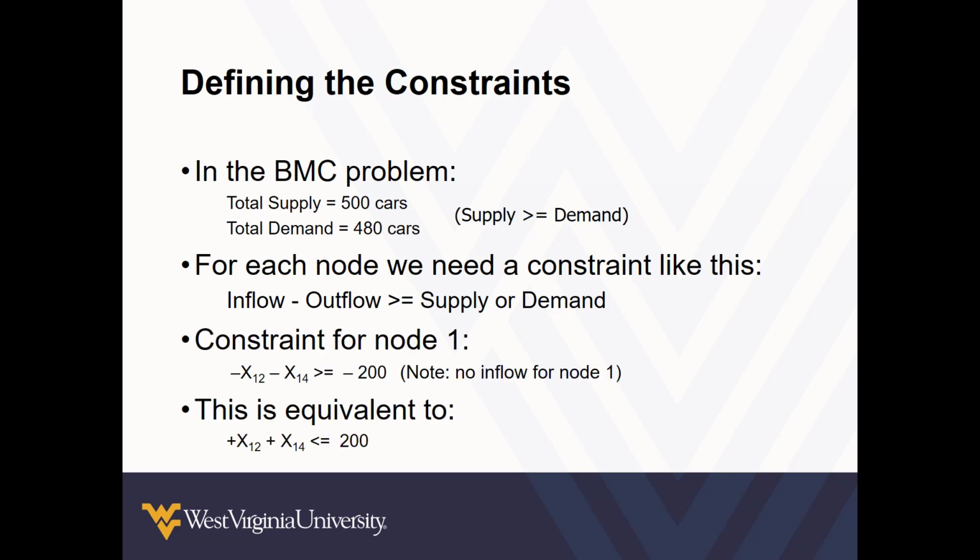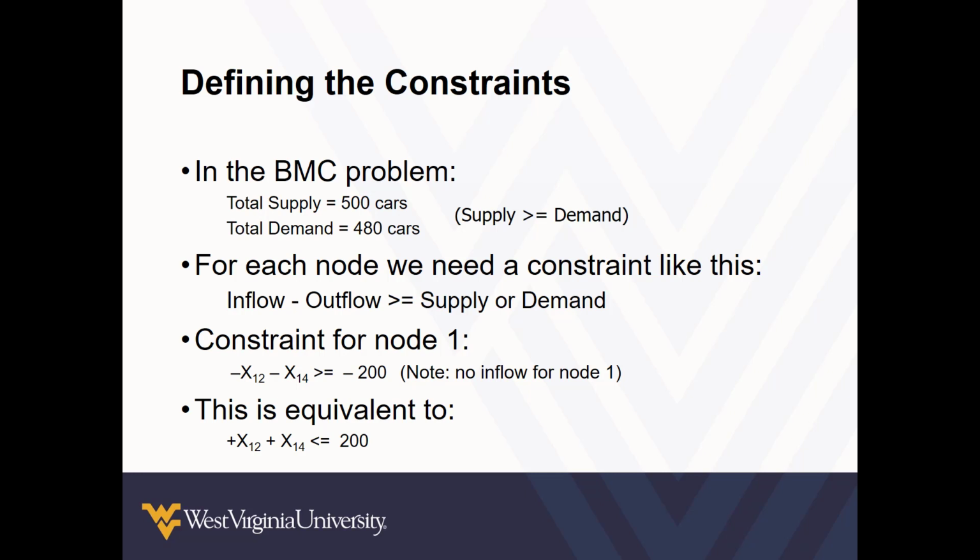So for example, the constraint for node 1 would be minus x12 minus x14 is greater than or equal to minus 200. And it's important to note that there's no inflow for node 1. Node 1 only transmits vehicles out. There are no vehicles being sold at node 1.